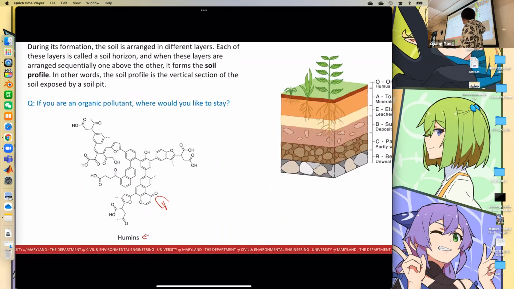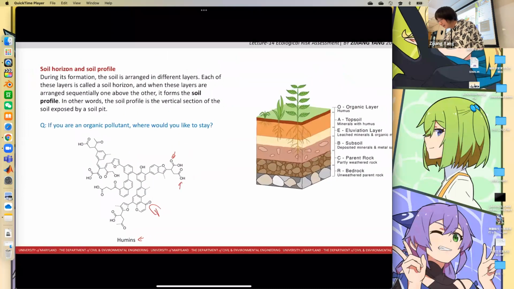We can see from its structure that it is very complex and very large, because the degradation products of plants and other things have relatively large molecules, and we have many oxygens attached here because they are oxidized.